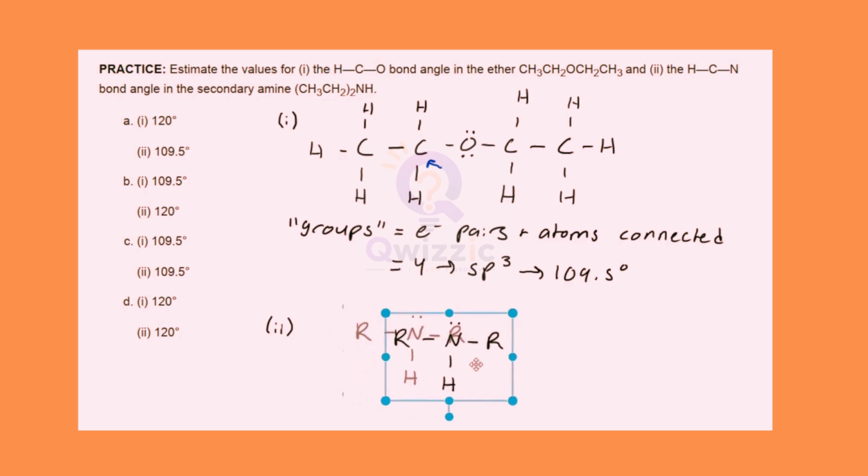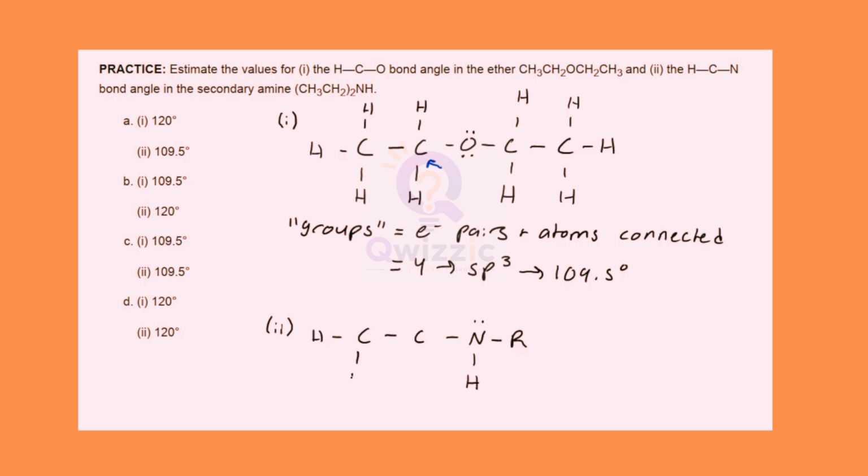So here I'm going to make some space for myself, and at the center of the R group should be carbon, since it has a higher bond preference than hydrogen. So I have carbon in the center, and hydrogens attached to carbon.